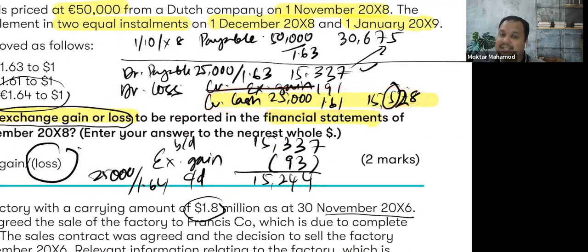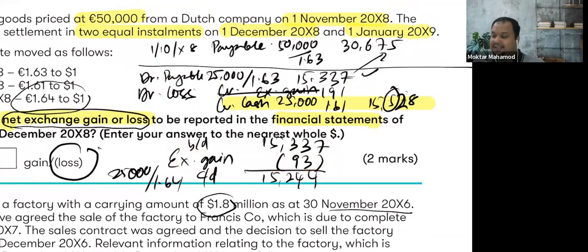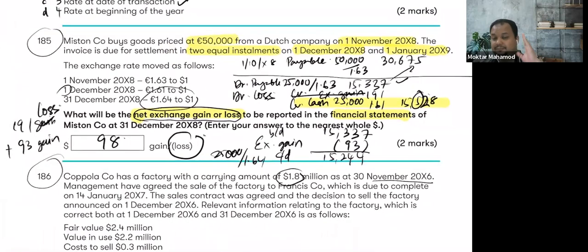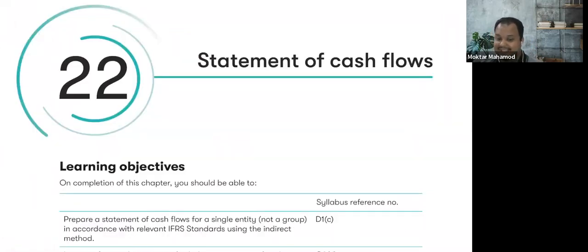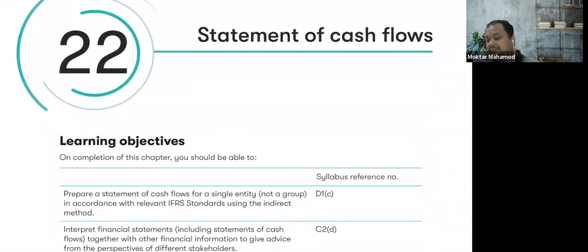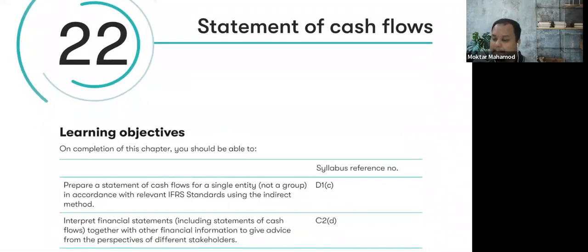But the important thing is you will make an adjustment of non-cash items later on. Exchange gain is a non-cash item, and exchange loss is a non-cash item. So you need to make an adjustment in the statement of cash flows. The application of accounting standards is very important in order to complete a statement of cash flows.